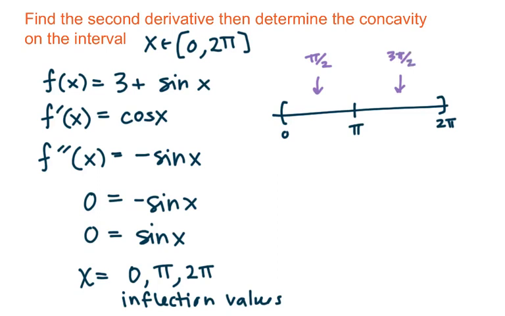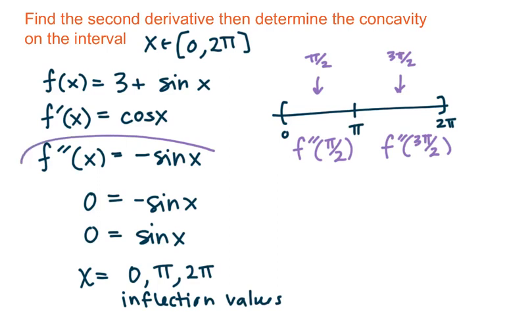And I want to test them in the second derivative because the second derivative tells me about concavity. So f double prime of pi over 2 is what we need to test, and f double prime of 3 pi over 2.